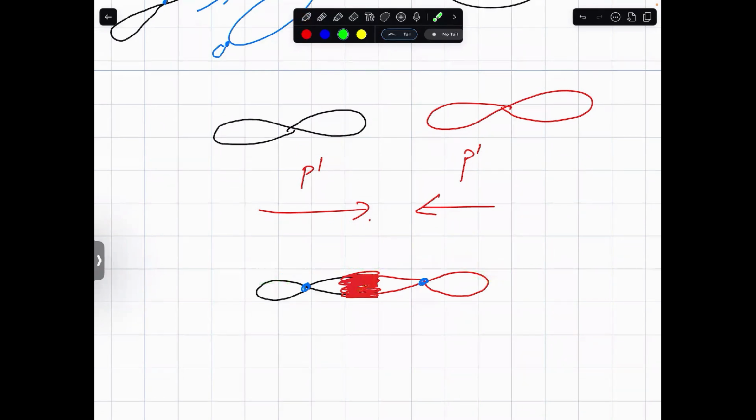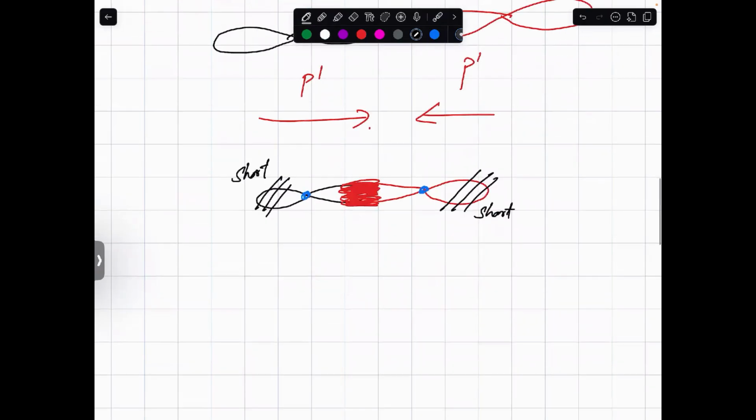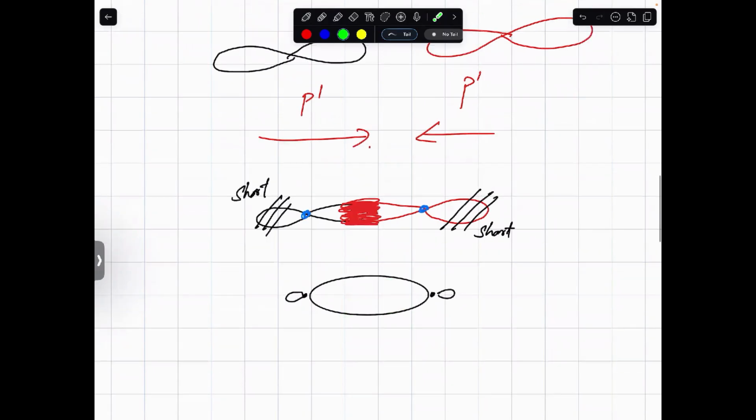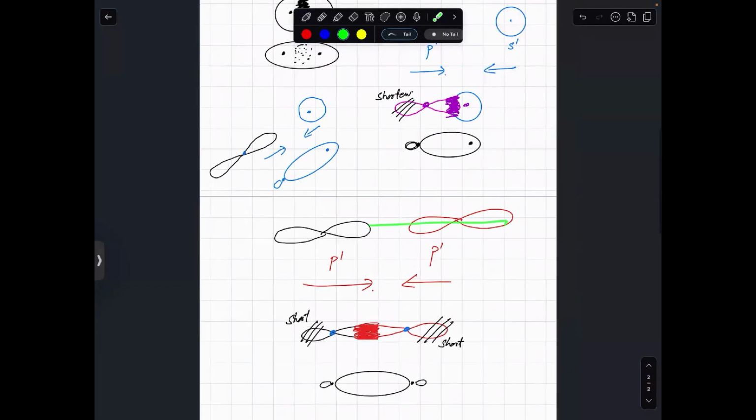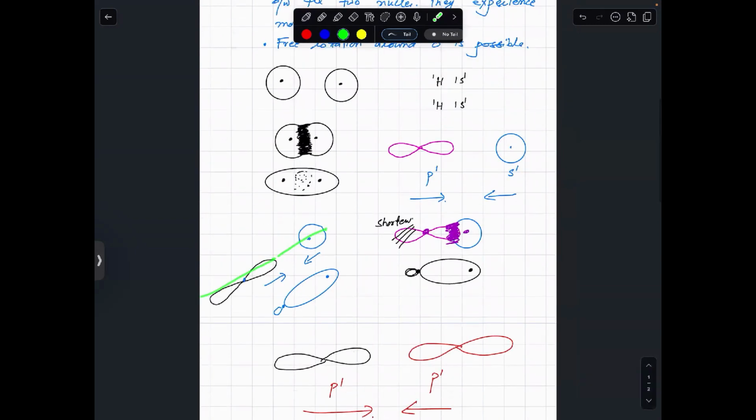So what are we supposed to do? Shorten this side, because this is not the region where the electron would go. So how are we going to represent it? This is the nucleus. This is the place where there is probability of electron. And since, look, this is head-on, this is also head-on, axial.